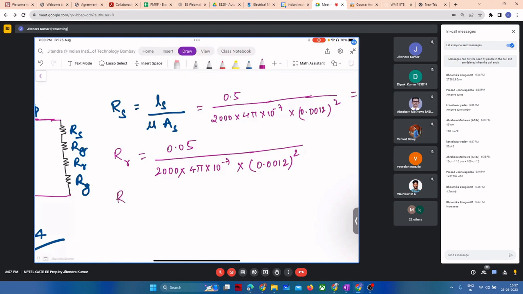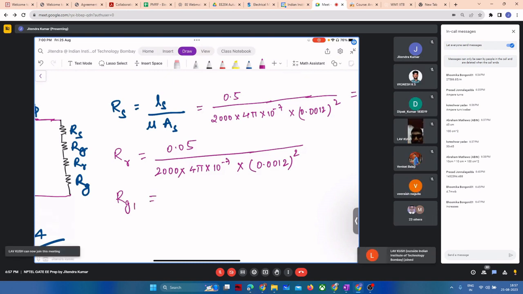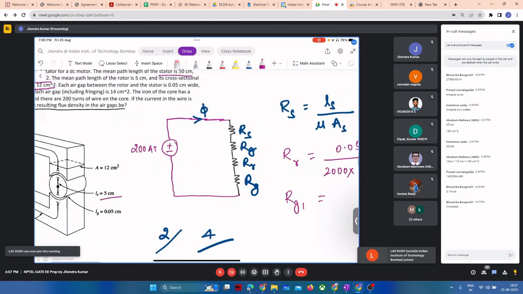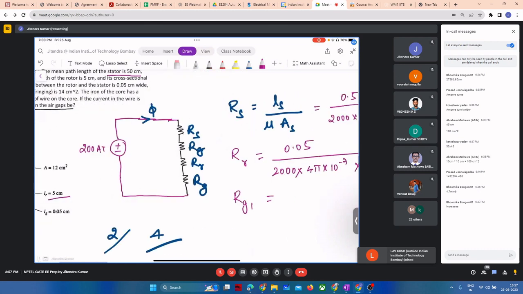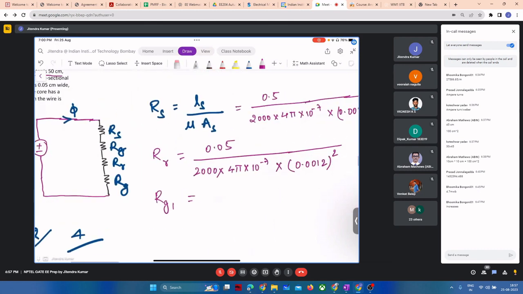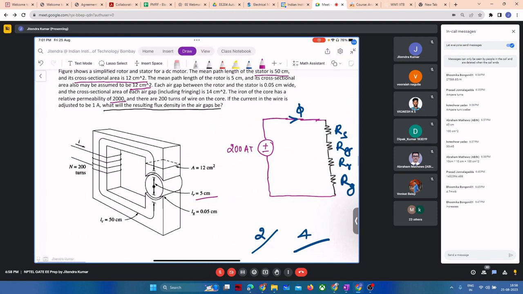Now the reluctance of the air gap. Though both air gap lengths are the same, whatever the reluctance of the first air gap is, that should be similar to the second air gap, and the length of the air gap is provided as 0.05 centimeter. And the area of the air gap we have to identify.